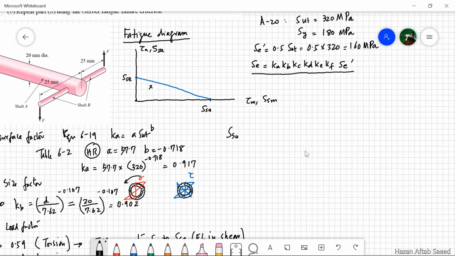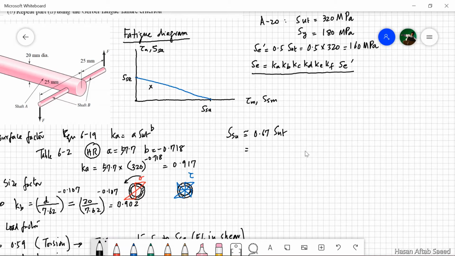We discussed this in the first part of this lecture. SSU, ultimate strength in shear, is nothing but 0.67 into SUT. Now this is obviously an empirical relationship, so it's not very accurate, but this gives you a pretty good value for this.